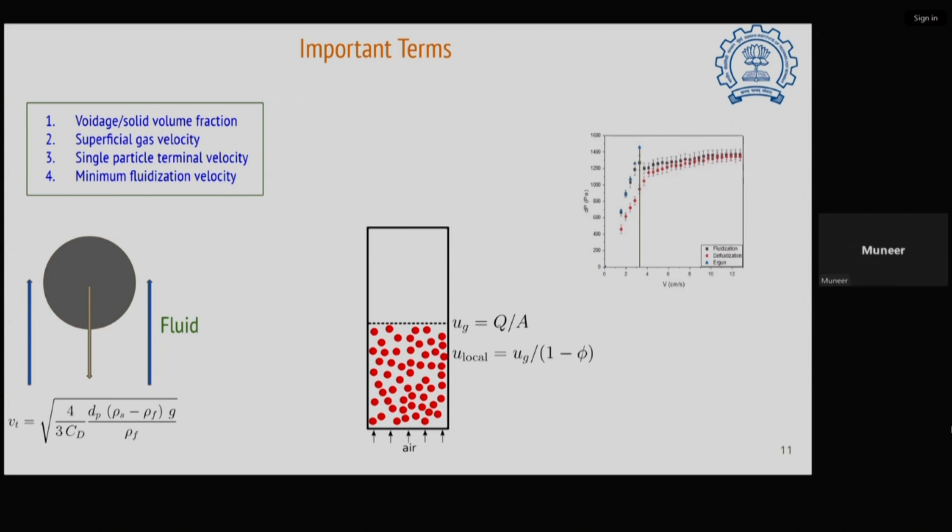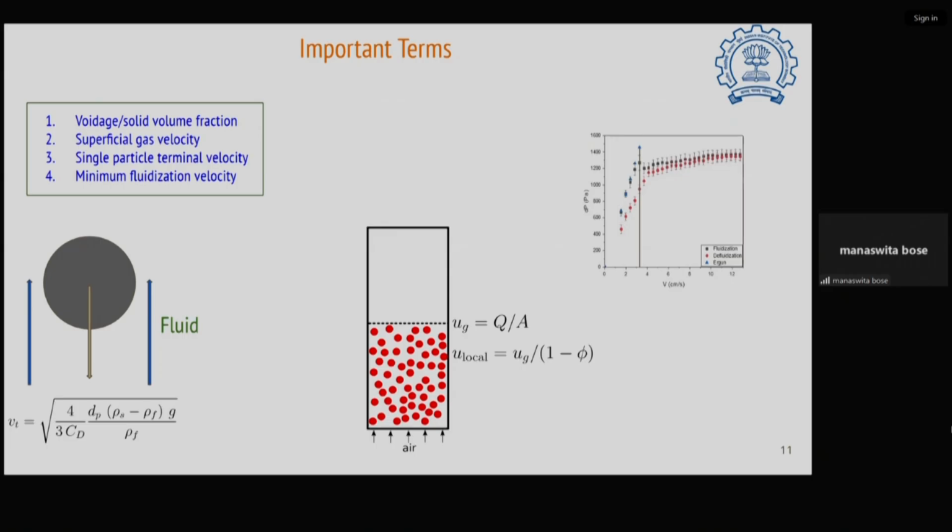Sorry, Ma'am, can you start again from voidage? I just missed that part. Yes. So solid volume fraction we defined as the fractional volume occupied by the solid, right? That means solid volume fraction is the volume of the solid divided by the total volume. Voidage is the volume which is not occupied by the solid.